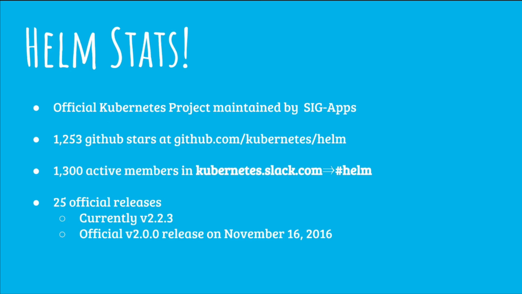There are currently, as of 10 minutes ago, 1,253 GitHub stars, 1,300 active members in the Helm Slack channel on the Kubernetes official Slack, and we have 25 official releases as of now. We're currently at 2.2.3. A big release, 2.0, came in November of 2016.